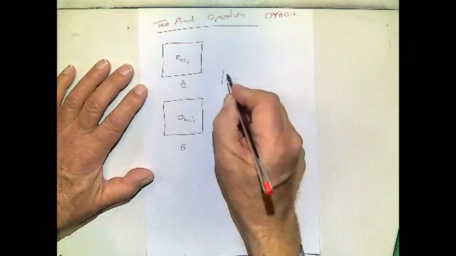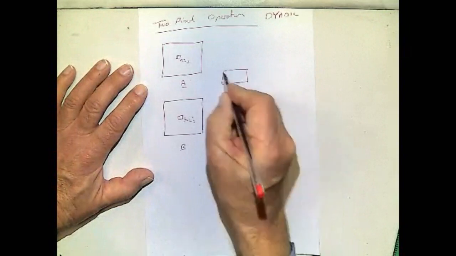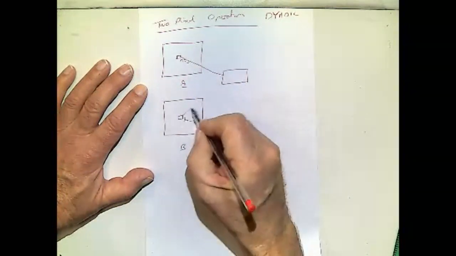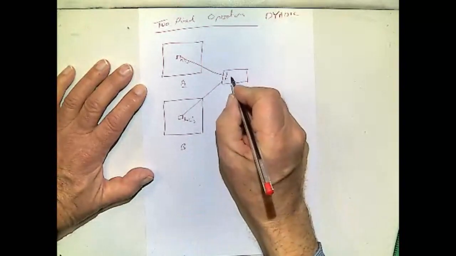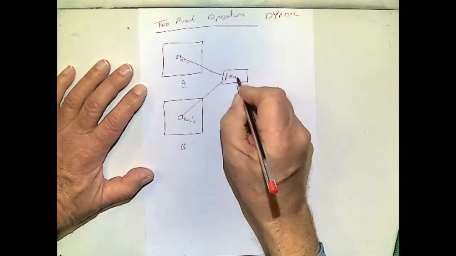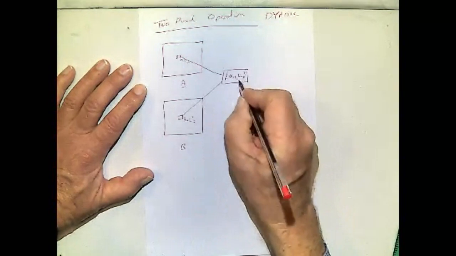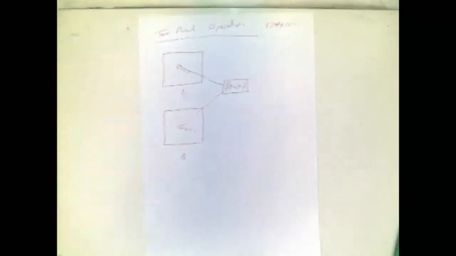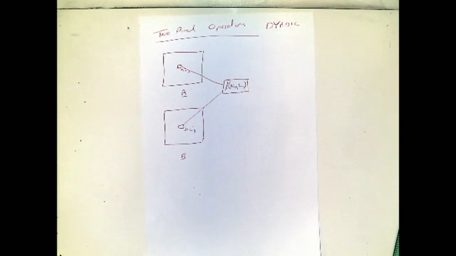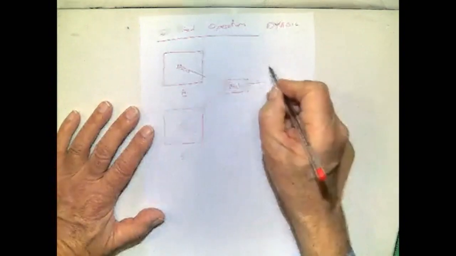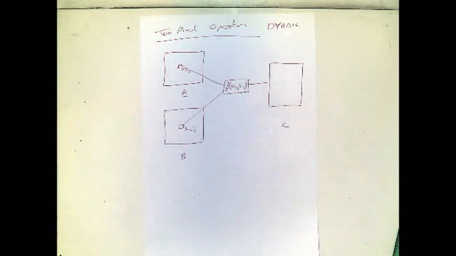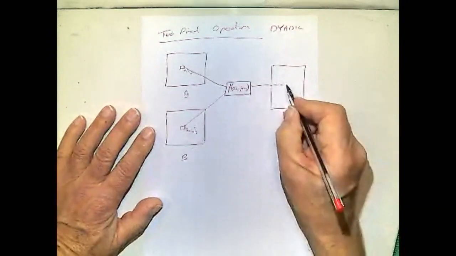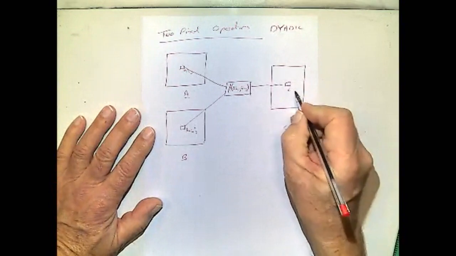They go into a process. And this is a function of Aij, Bij, a function of the two inputs, one from each image. And the output goes to a third, the output image, which I'll call C. And it goes to exactly the same position, Cij.